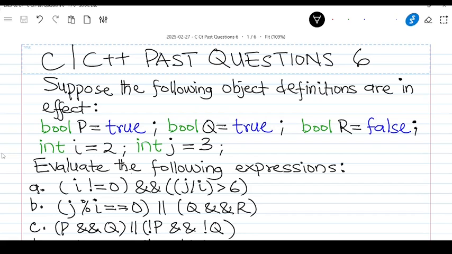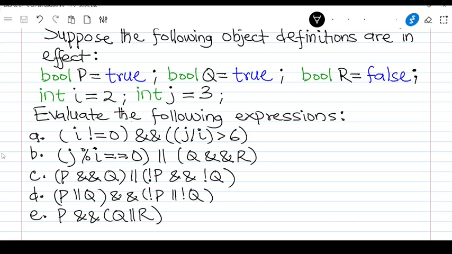So we're asked this question: evaluate the following expressions. That means p, q, and r are Boolean values, while I and j are integer values. Part A is: I is not equal to 0 and j divided by I is greater than 6. That's the first one. Part B says j modulus I is equal to 0 or q and r, so what is the logical AND of q and r.